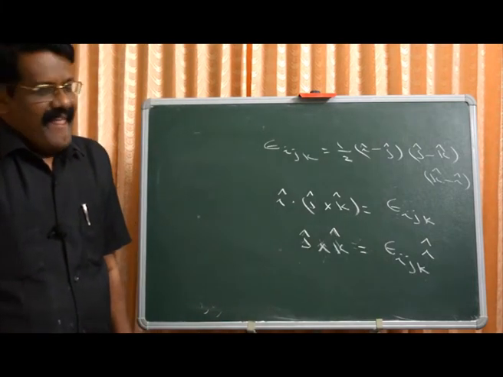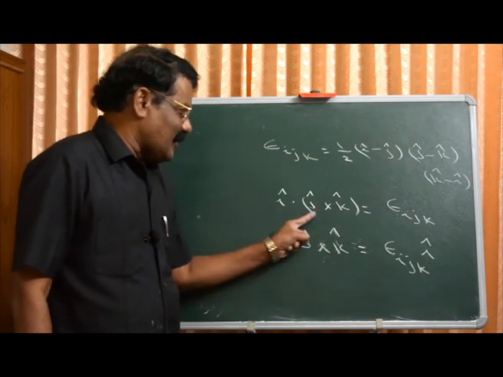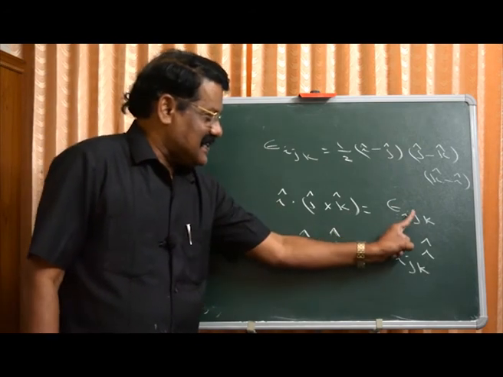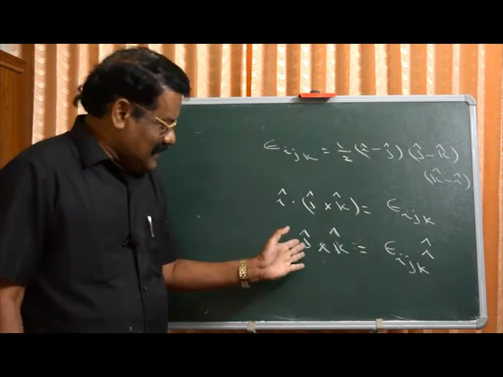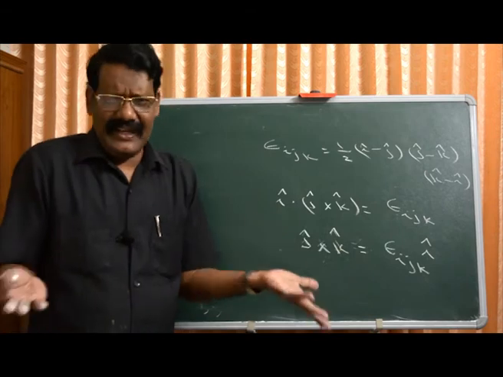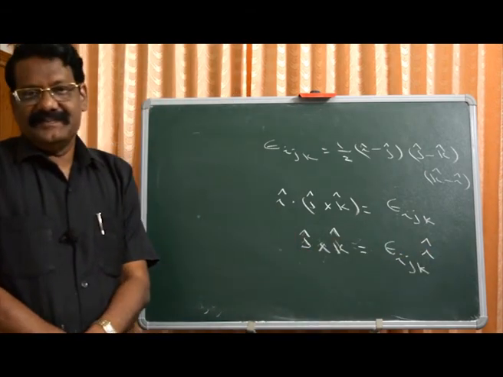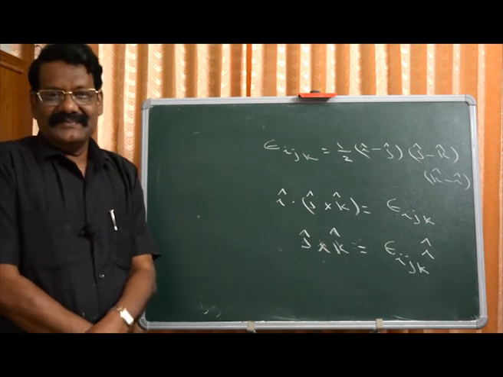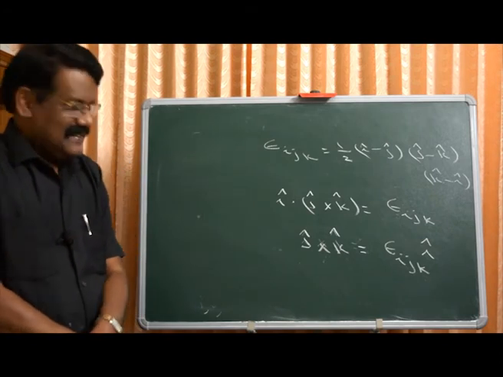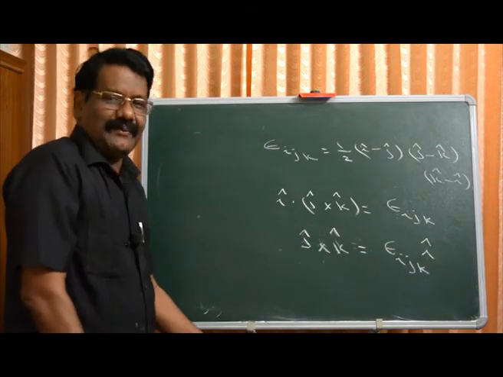Correct. This is the vector notation and this is the tensor notation. On the left hand side, this is the vector notation. Correct? J cross k is obviously a vector. Epsilon ijk into i cap. Where does it come from? It's a very simple thing. Correct? Look at this carefully.